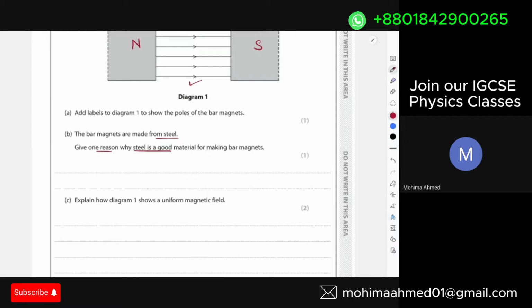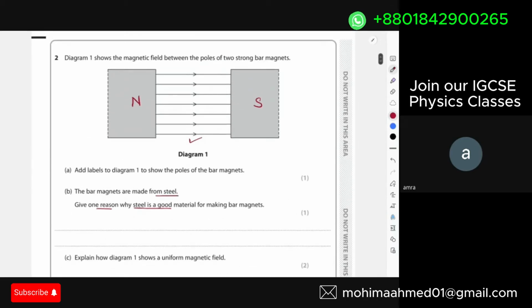Yes, Amra, you can ask. Miss, I'm not sure if my answer is right, but if it's one mark, could I just say steel is an alloy which contains iron? Is that fine? No, this is not going to be the answer over here. Steel being an alloy, or iron getting oxidized to become steel, these are not the proper answers.